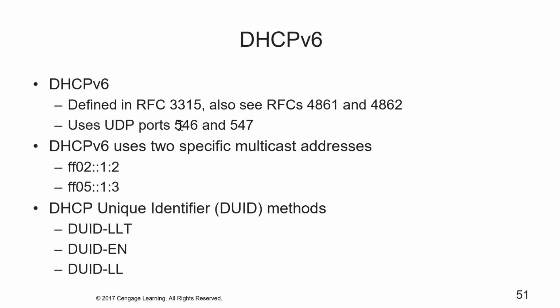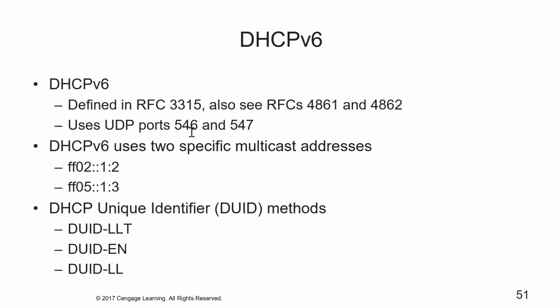And DHCPv6 uses different UDP ports than DHCP in IPv4. So clients listen for DHCPv6 messages on UDP port 546, and servers and relay agents listen for DHCPv6 messages on UDP port 547.